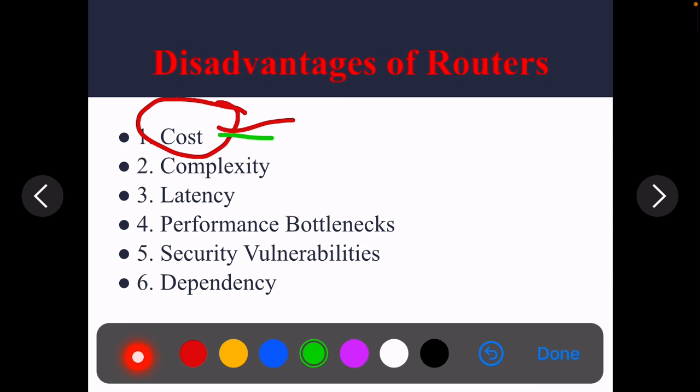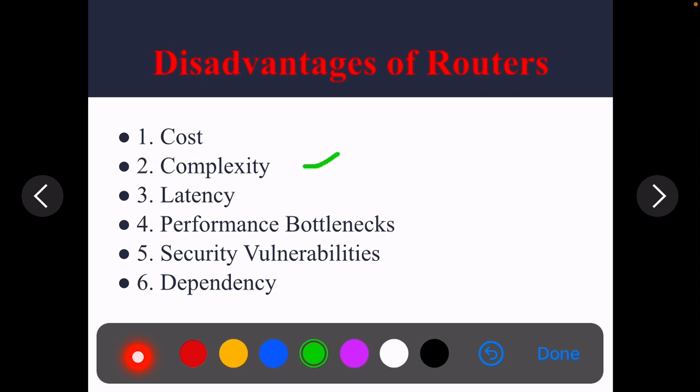So this is why it is called that initial cost is more. Then maintenance: ongoing costs for maintenance, firmware updates, and potential hardware replacement can add up over time. So therefore it is called that cost is higher.